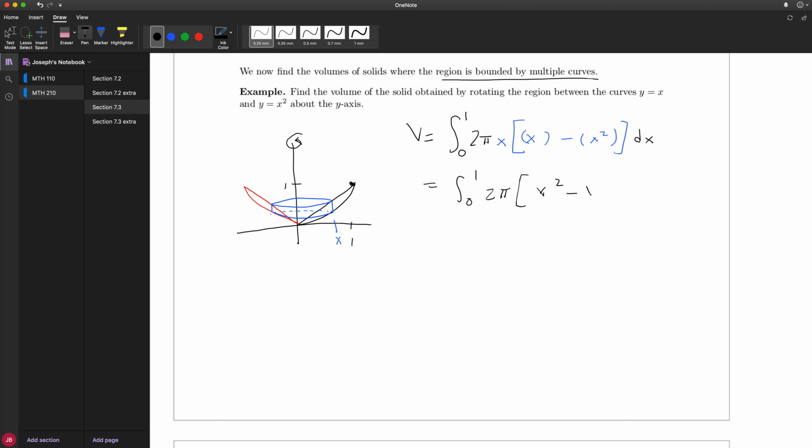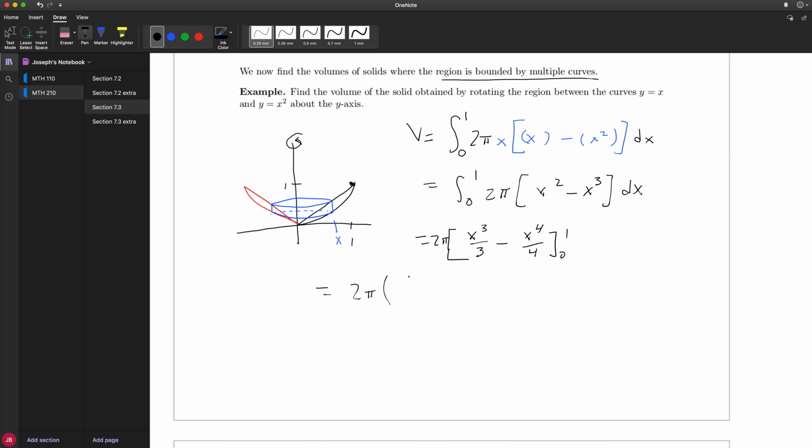All right, well, distribute, we get integral 0 to 1, 2 pi bracket x squared minus x cubed dx. The antiderivative is 2 pi, x cubed over 3 minus x to the 4 over 4. And again, we're using the x bounds of the region, which are 0 to 1. And so at long last here, we plug in 1.